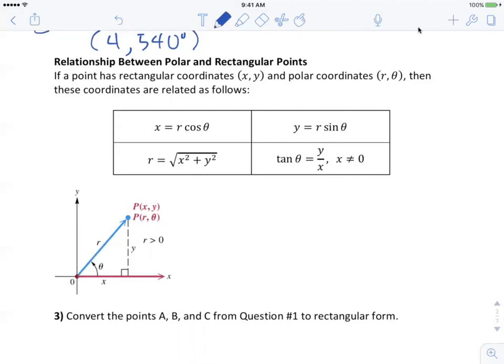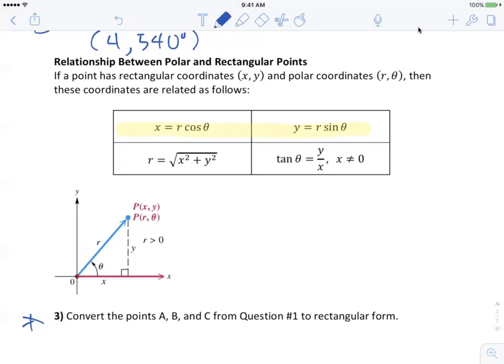So for number 3 down here, convert those points A, B, C to rectangular form. Okay, so for that, if you're going from polar to rectangular, use those top 2. Because if you have polar, you know the R and the theta, and you want to find the X and the Y to convert it to rectangular.